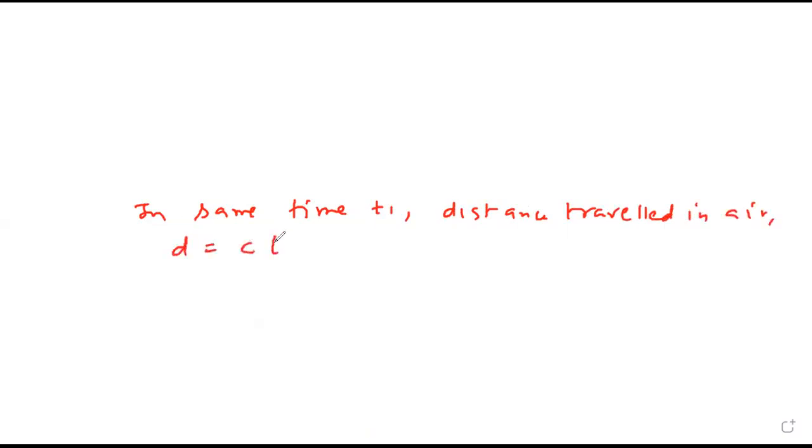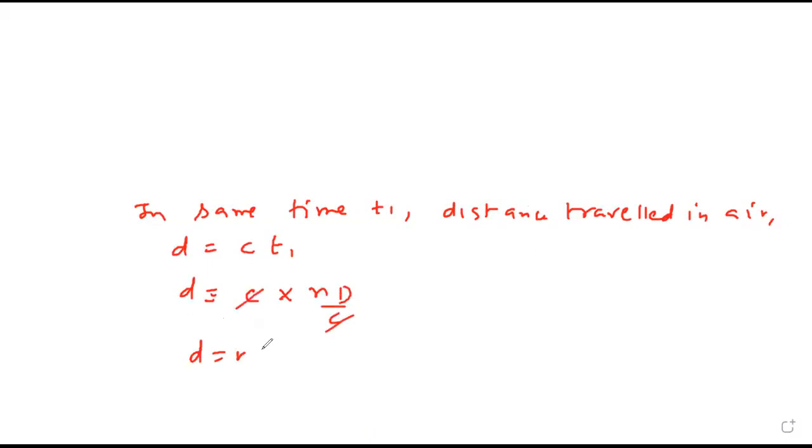In the same time t1, distance traveled in air, x equals speed into time t1. So the distance is c, and the time taken we got as nd upon c.